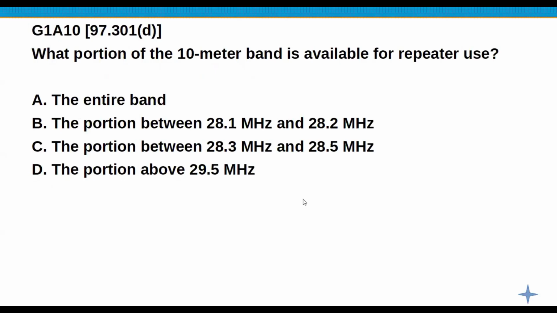What portion of the 10-meter band is available for repeater use? That's Delta. You think? Oh, well, wait a minute.